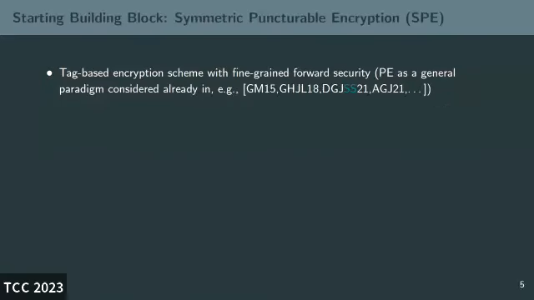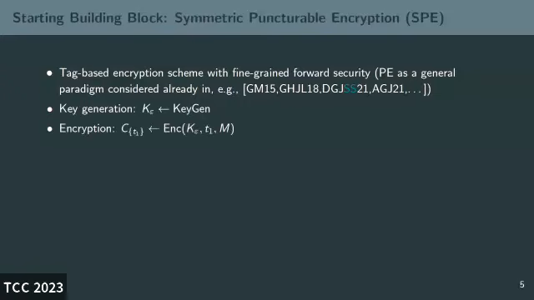So the starting building block of their construction is symmetric puncturable encryption, which is a tag-based encryption scheme with a very fine-grained forward security guarantee. So it has the usual key generation. Encryption now takes as input, along with the key and the message, a tag, and will output a ciphertext associated to this tag.